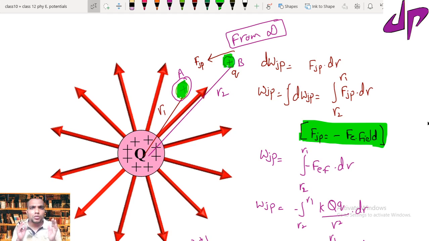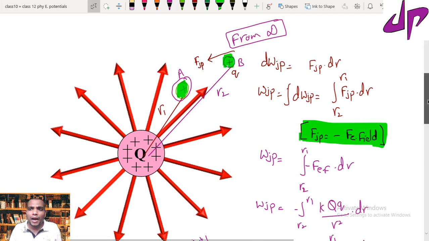Reference point is the correct word I shall use here: a reference point where the force is 0, which is obviously at infinity.